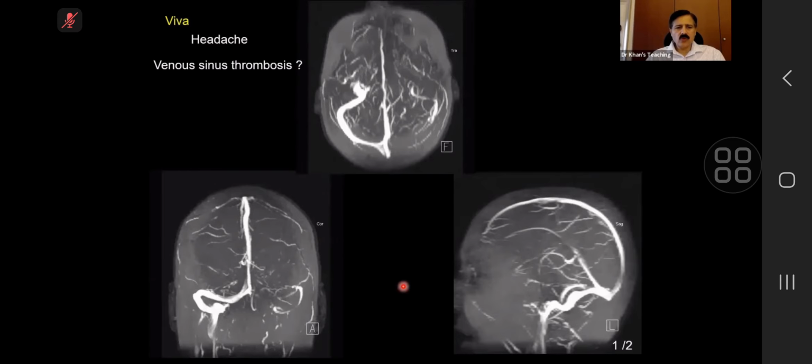And this is a known pitfall for MRVs. And that is why people say that CT venogram is a better study than MR study. In these particular cases, I'm going to teach you tricks of the trade, should I say, to look for.